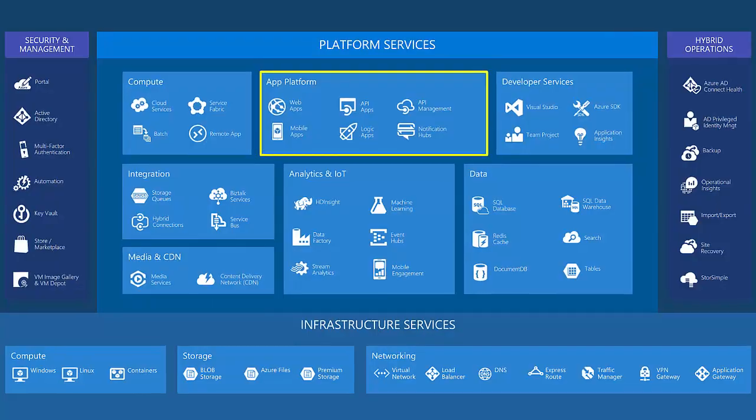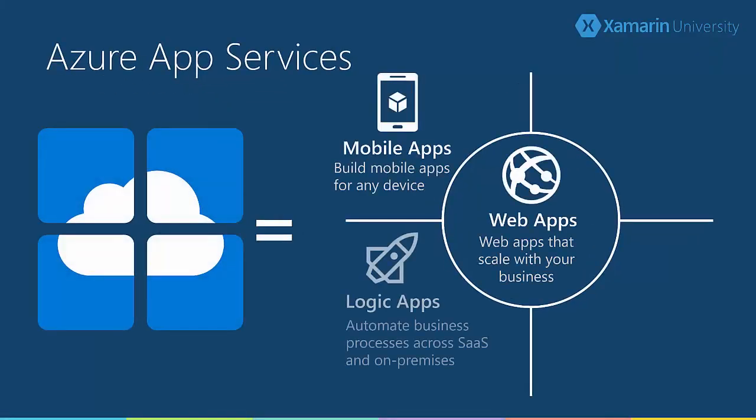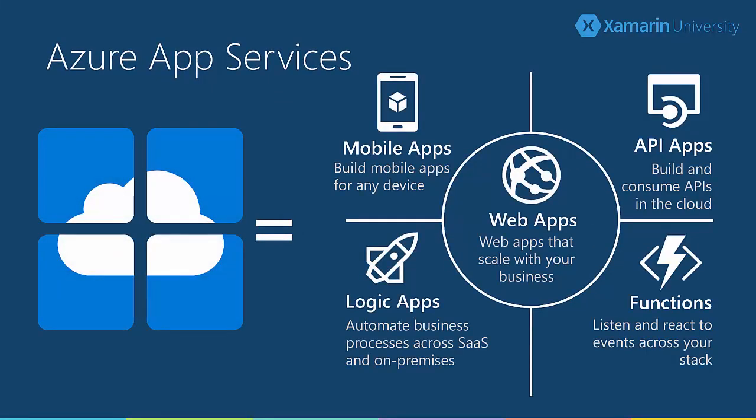Now as you saw, there are a ton of services that you can use. We're going to focus on Azure App Services, and it provides several different application types, each of which is intended to host a specific kind of workload. For example, we have web apps. That's sort of the central part of this, and that allows us to host websites and web applications.